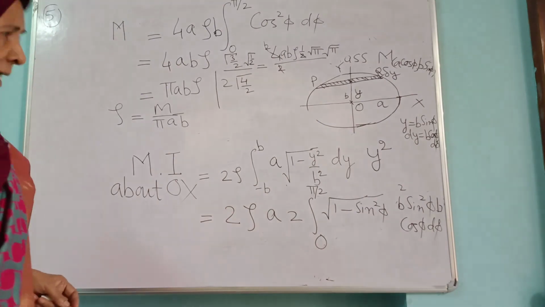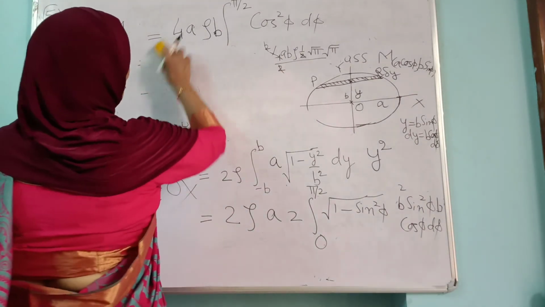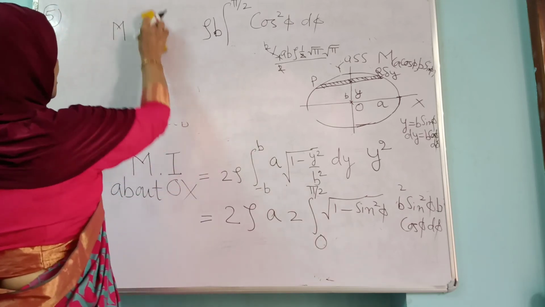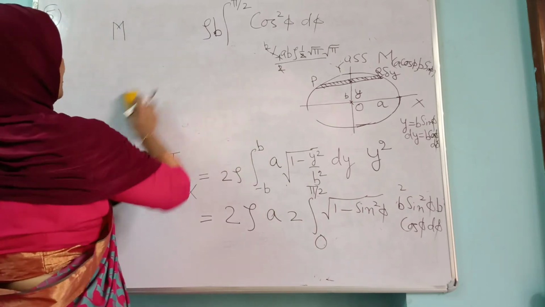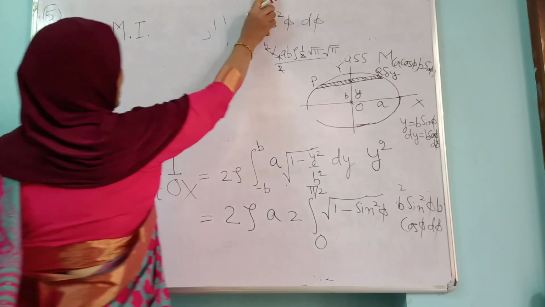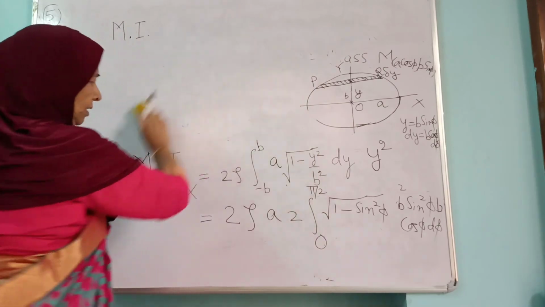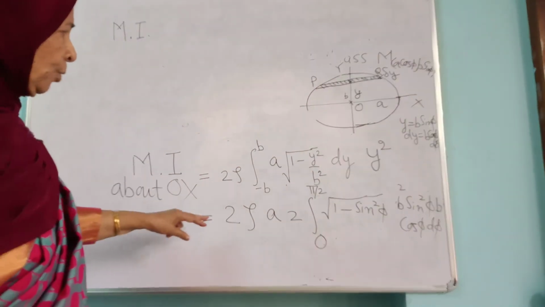So finally, we have obtained the moment of inertia. The only integration which we have to do now is with the help of the gamma function. The gamma function plays an important role.